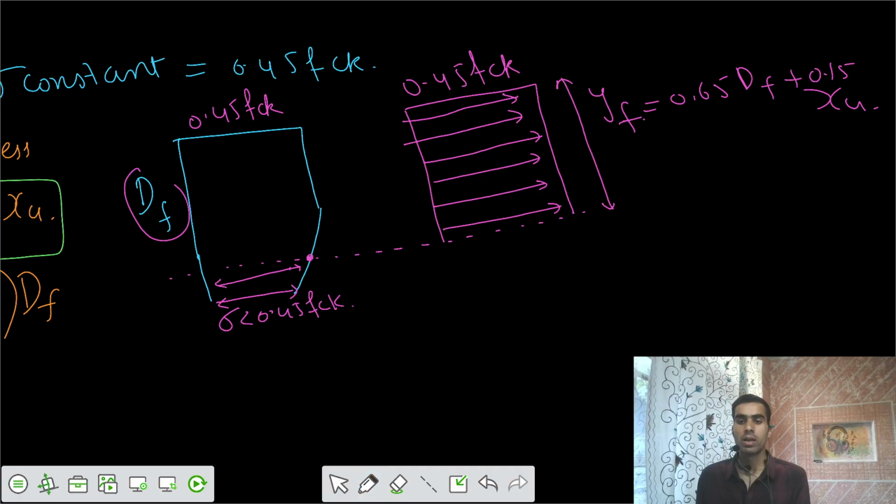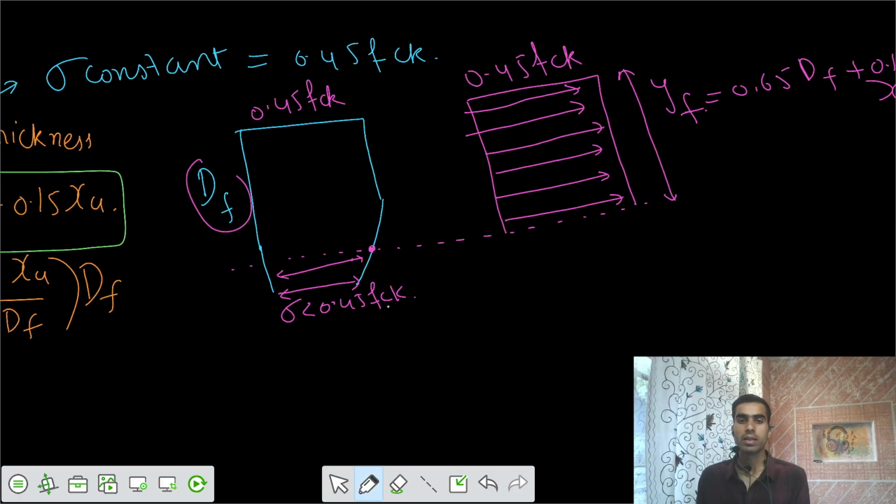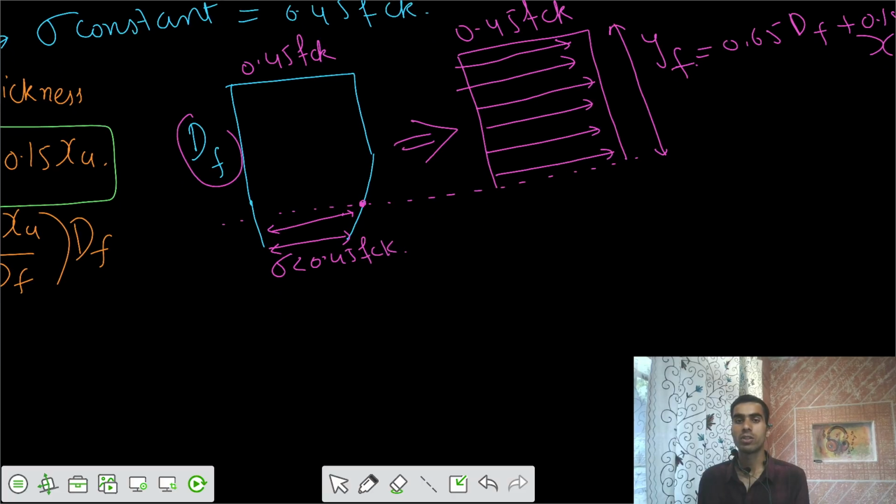So we are converting that actual DF having non-uniform stress variation into some YF such that the stress variation is constant, and it also yields the same amount of force, that is C2 force. Let's have the direction also, so that we can finally calculate that.